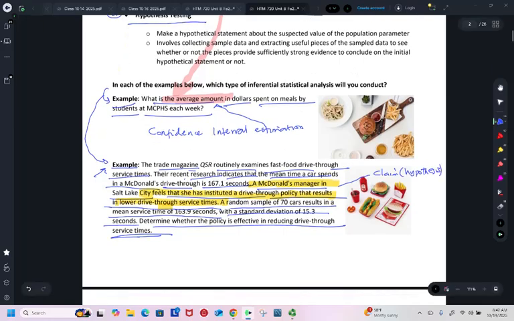To check if that claim is valid or not, we need to test it, which means that the correct statistical method to use here will be hypothesis testing. So, in inferential statistics, as we established in the first lessons in this class, we will be looking at confidence interval estimation and hypothesis testing.